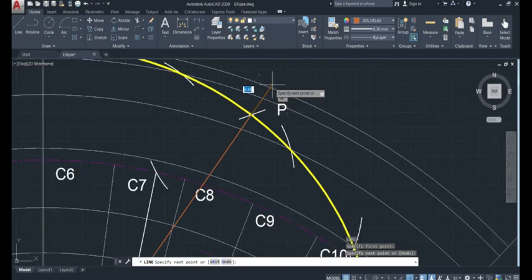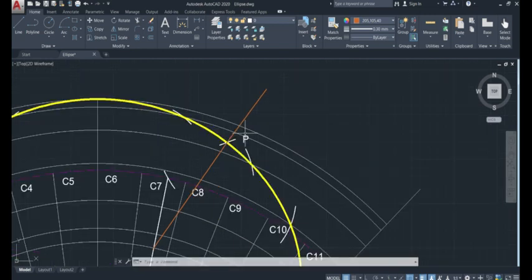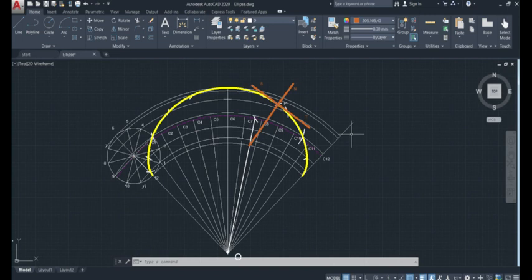This particular line is the required normal. For drawing the tangent, we have to draw a line which is perpendicular to this particular normal. This is how we can draw epicycloid with tangent and normal.